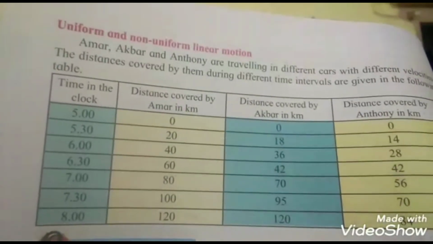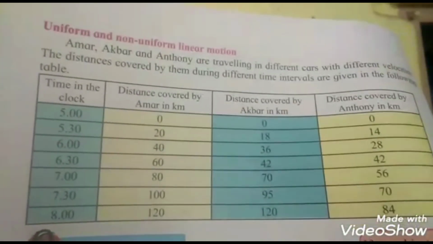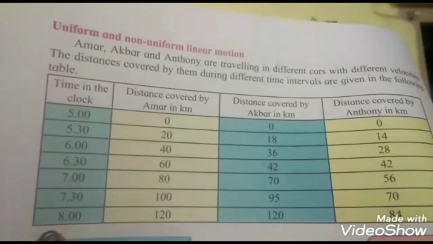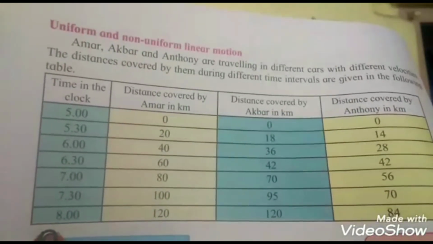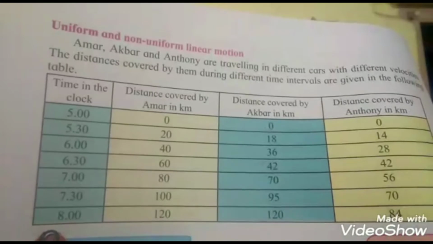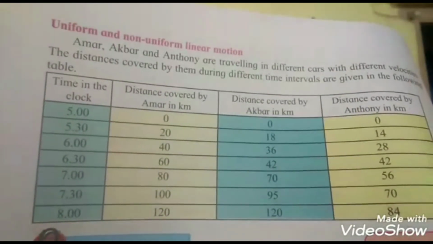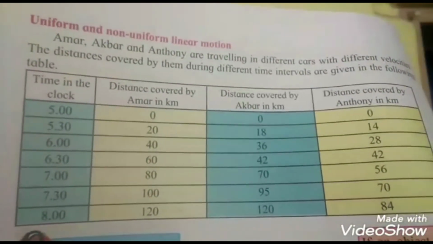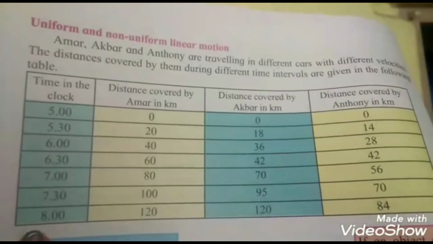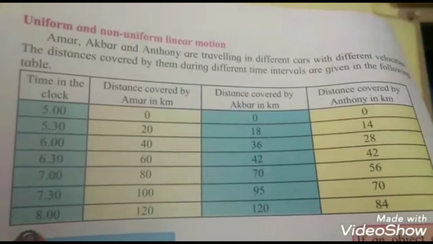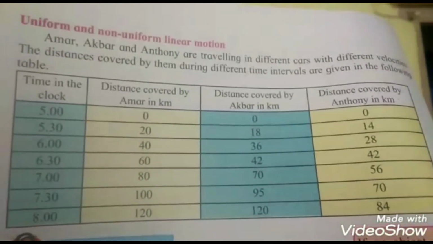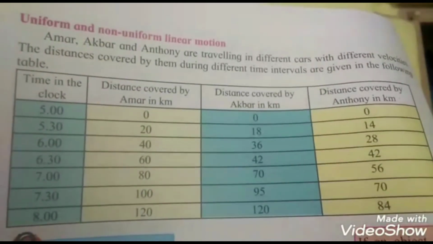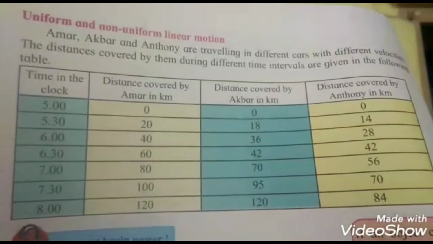Amar travels in uniform motion because of equal distance in equal time intervals, but Akbar and Anthony spend equal time but cover unequal distances. That is non-uniform motion. Easily we can define: if an object covers unequal distance in equal time intervals, it is said to be in non-uniform motion, and if an object covers equal distance in equal time, that is uniform linear motion.